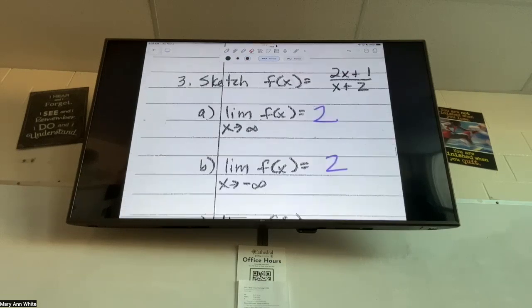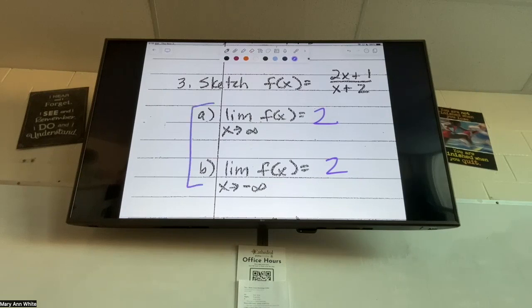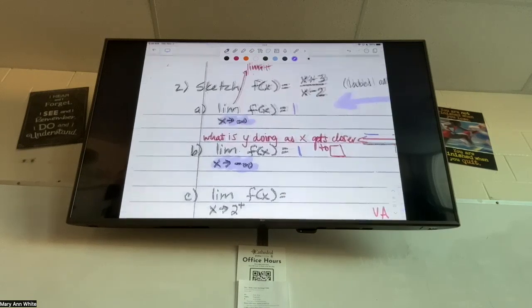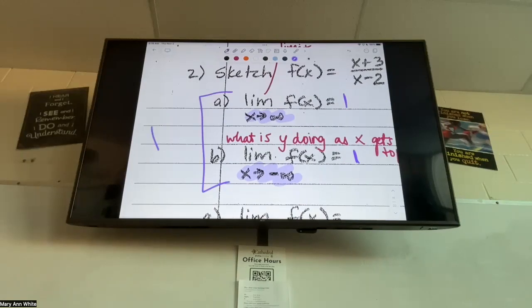Every single time we're looking at the infinities, at the end behavior, essentially, it's going to approach the horizontal asymptote. I'm just going to write HA next to it. Every time you have that infinity, it's going to approach that horizontal asymptote. And I'm going to go write it on A and B up here too, just HA. My infinity ones are going to approach my horizontal asymptote every single time.